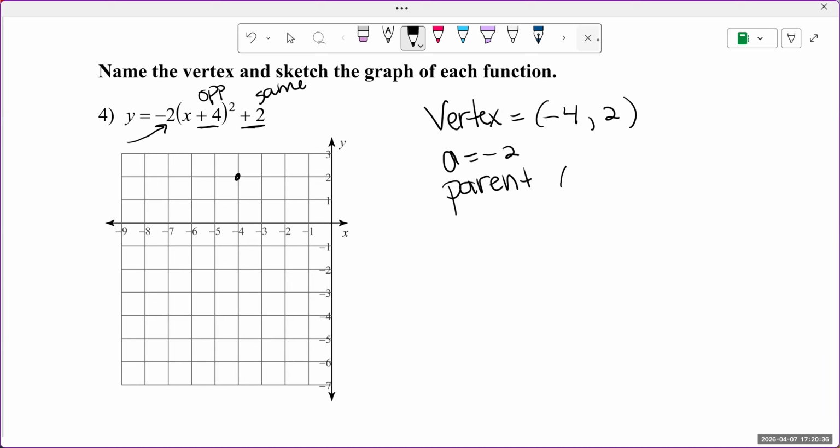We just know that the parent graph is upside down. When A is negative, the parent graph is upside down. It is a sad U. So that is not as much of an accurate sketch as when we make a table, but it's just a sketch knowing the vertex and the direction of the parabola.